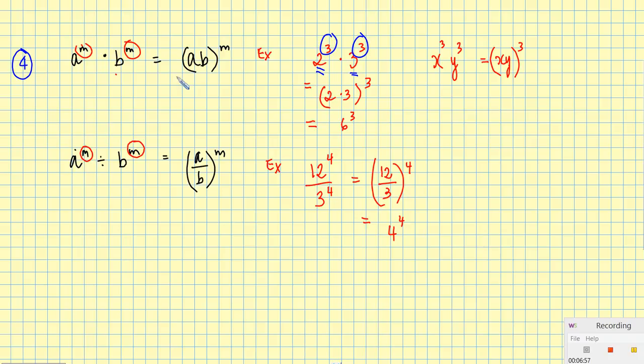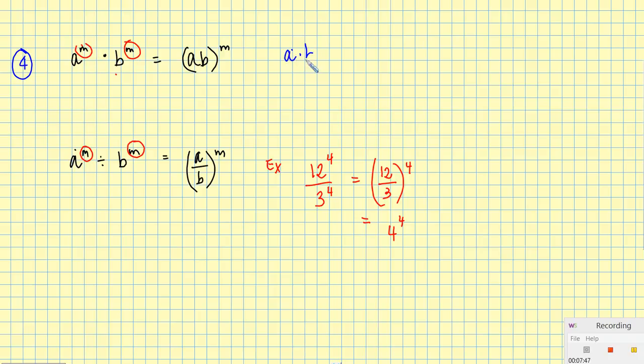And in this case, what we have is we've got different bases but same powers. So what the law is basically telling you is that if you were to have, for example, a to the m times b to the m, well, that's basically telling us that we've got the same power there of m. So I could actually multiply my two bases together and then raise them to the power of m.